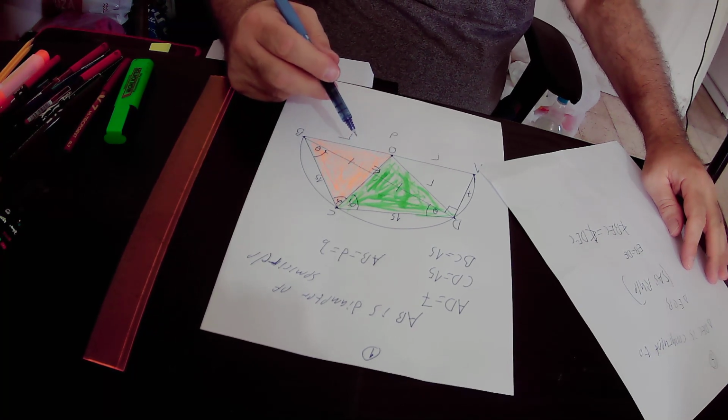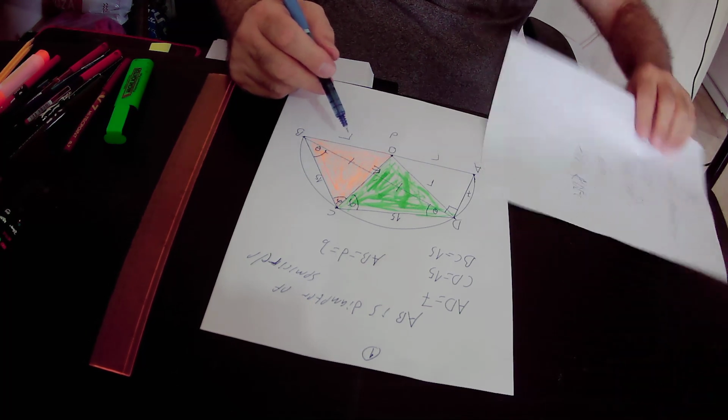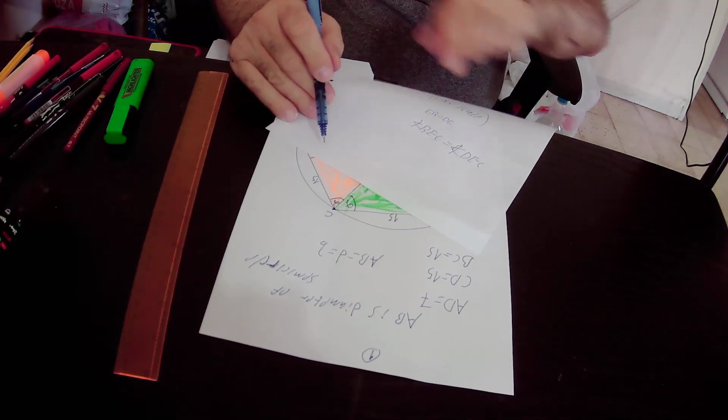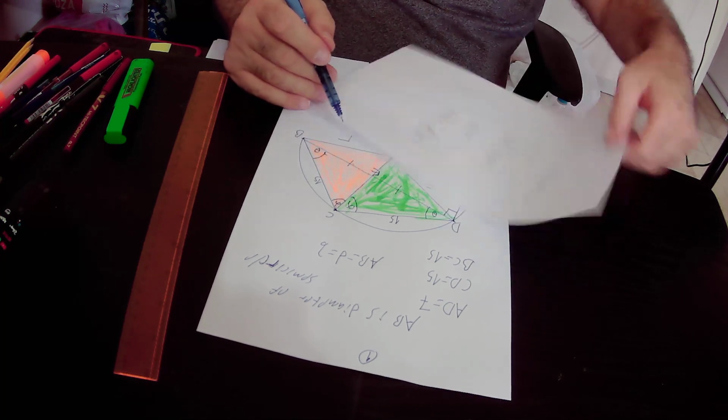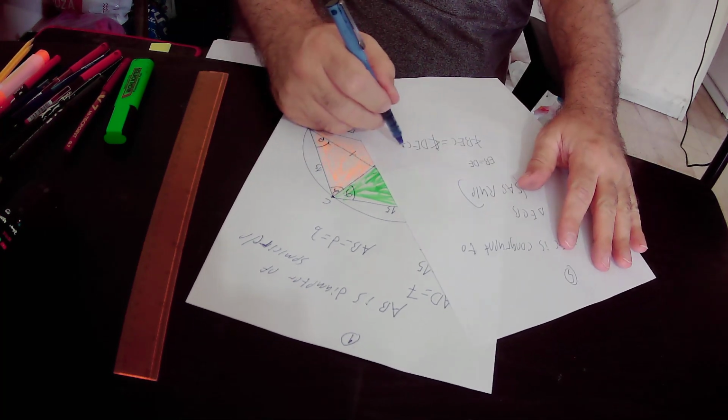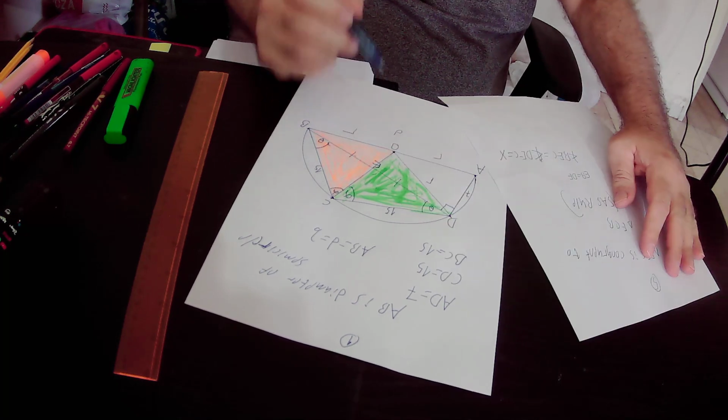So if we define angle DEC as x, then angle BEC will also be equal to x.